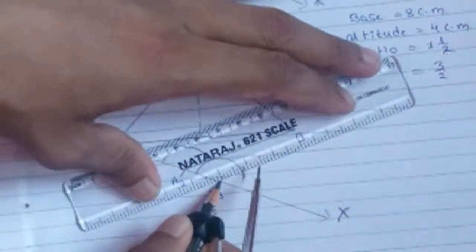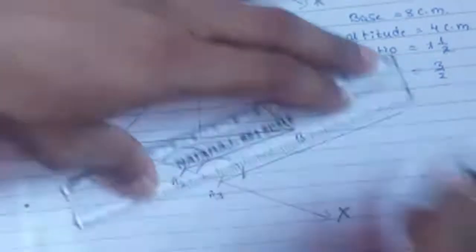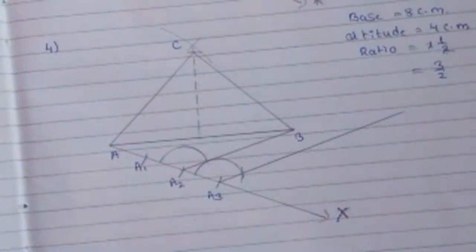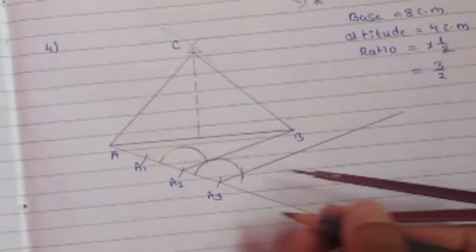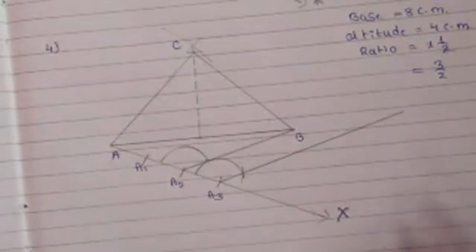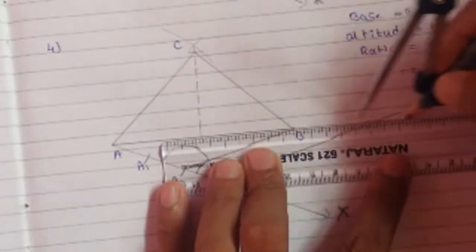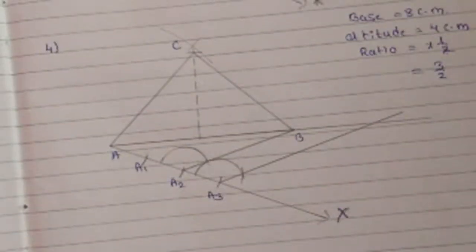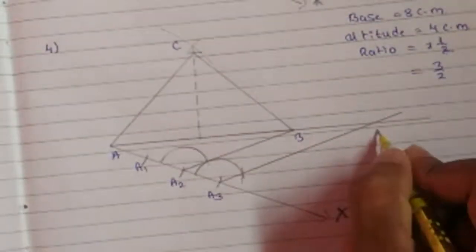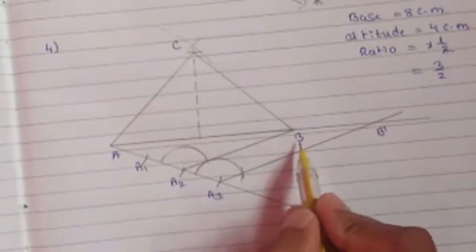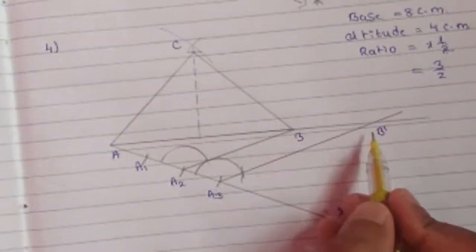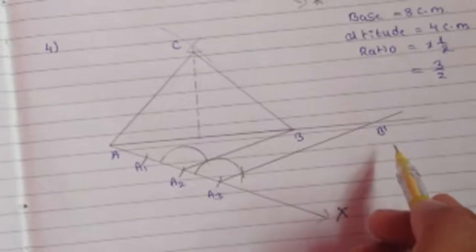Next step we have to join. Then here we have to extend line AB. So now we have to call this point as B dash because the neighbor point is B, so that's why it becomes B dash.